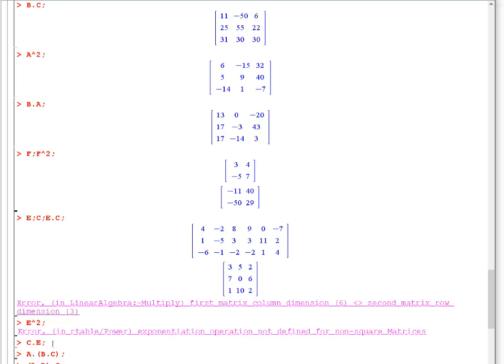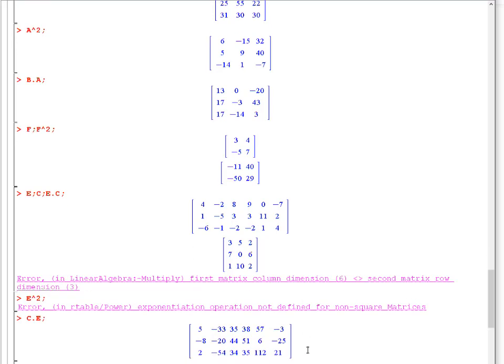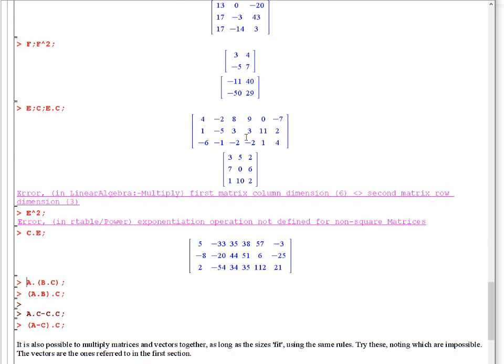But notice again, I have found that E times C is impossible, but C times E is possible. Because when this times this is not possible, but this times this is possible because this is 3 here and this is 3 here, so I can multiply. So I can calculate this. So what's important is that the number of columns in the first matrix must be the same as the number of rows in the second matrix. They don't have to be exactly the same size.